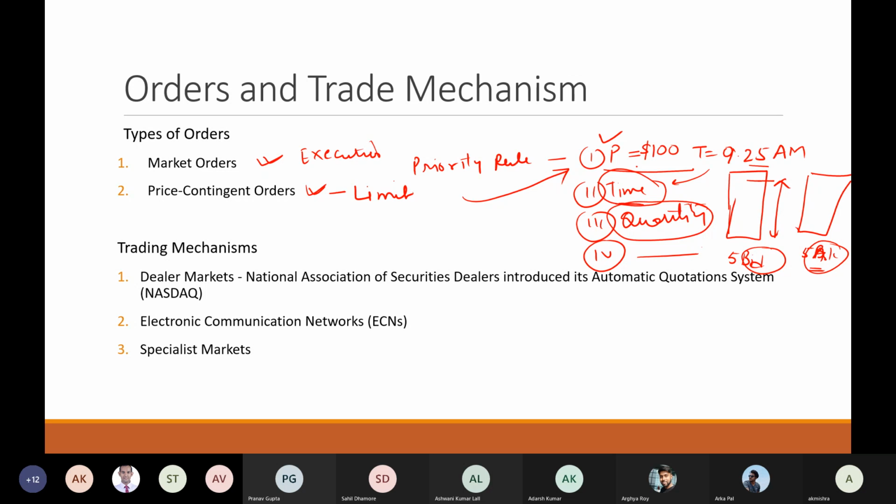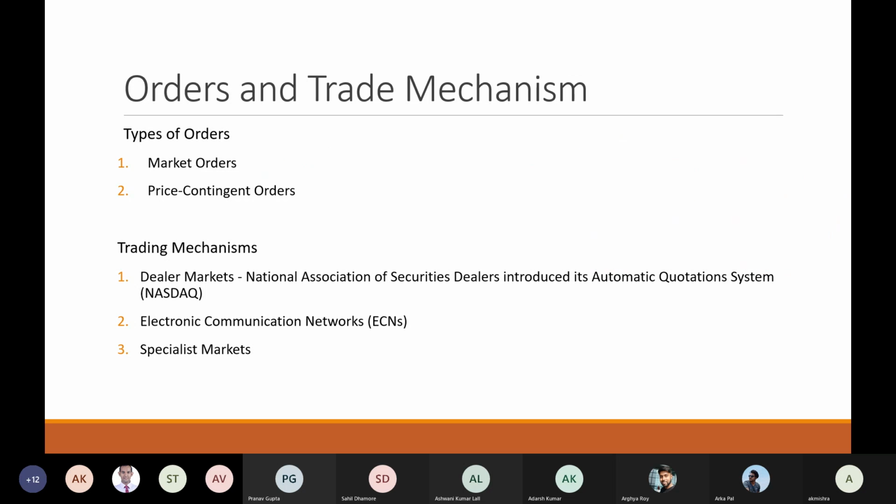And your question, why do we call a market order a liquidity taker? Because when you submit the order, it is going to be either executed or cancelled. If it is getting executed, all the orders available are going to be zero or reduced.